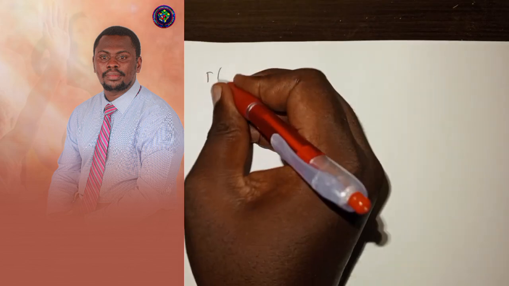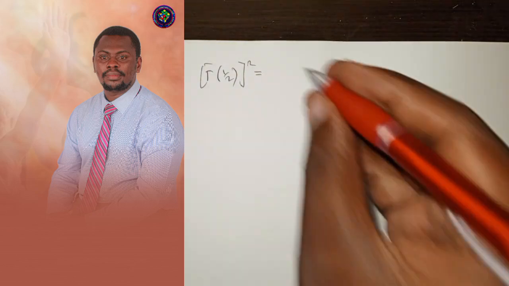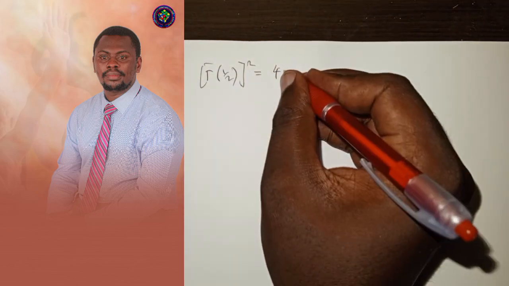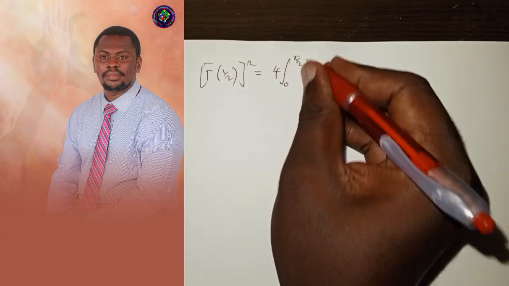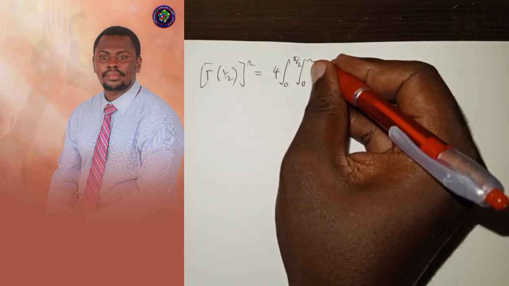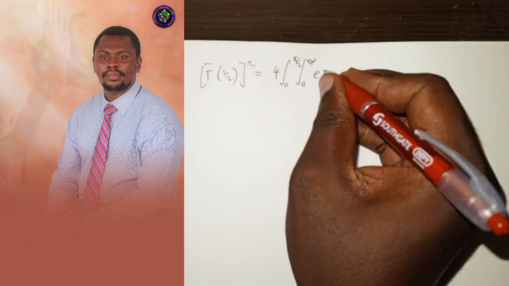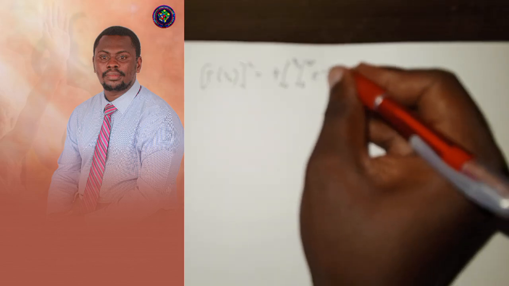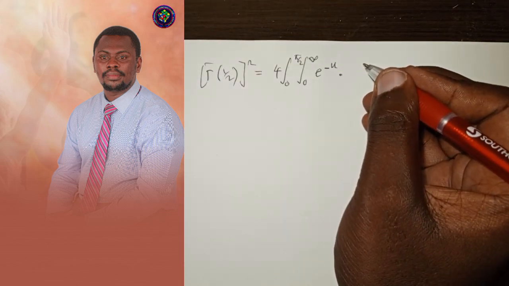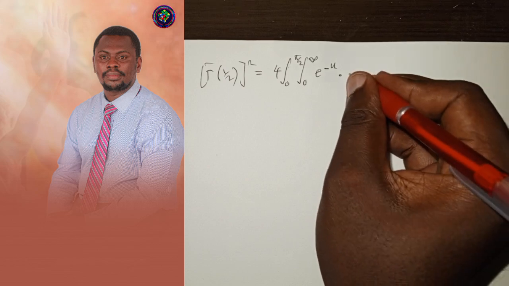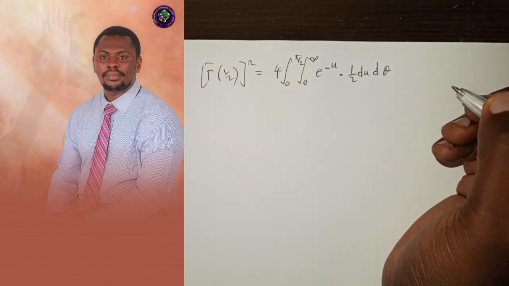So we have gamma of 1 over 2 squared is equal to, we have 4 integral from 0 to pi over 2, again integral from 0 to infinity, then we have e to the minus, so where there is r squared is u, so the minus u, then where there is r dr, it's 1 over 2 du, then here d theta.